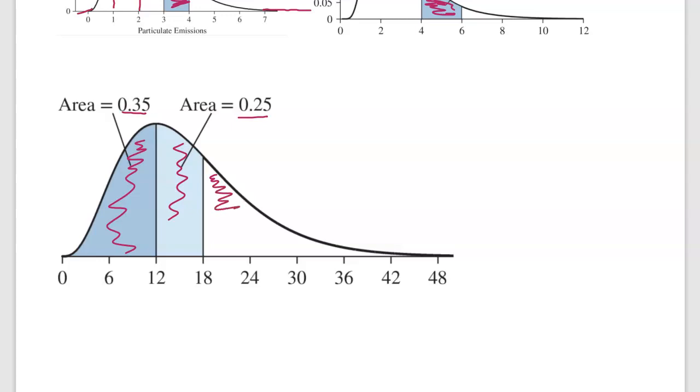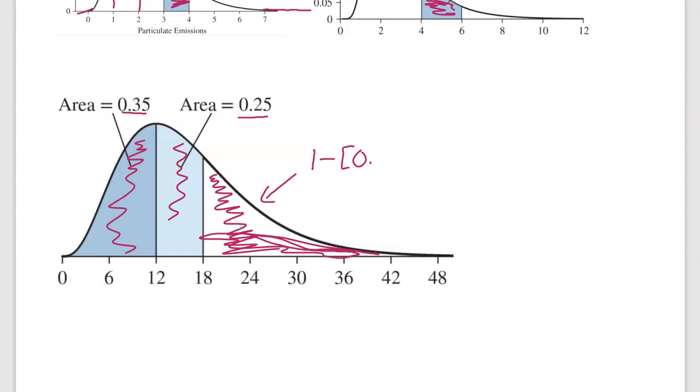So how can we find the proportion or probability of this shaded area? Well, think about it. The probability or proportion must add up to 1, so this is going to be 1 minus the sum of the other two.